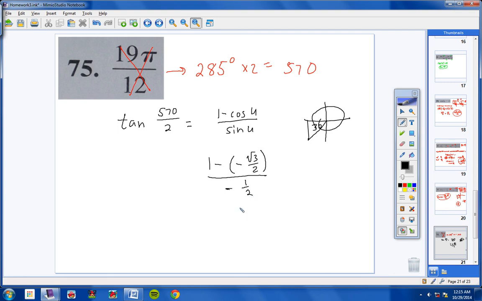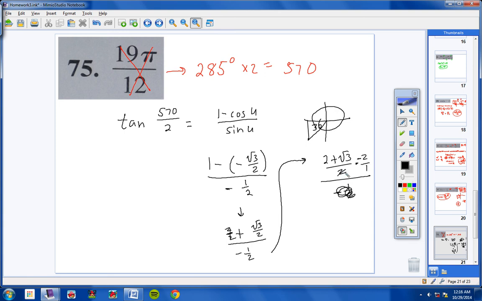Now moving down, we'd have 1 plus square root of 3 over 2 all over negative 1/2. Okay, now make this 1 a 2 over 2, and we have 2 plus square root of 3 over 2 all over negative 1/2. Now take your negative 1/2, flip it, and multiply it times the top.